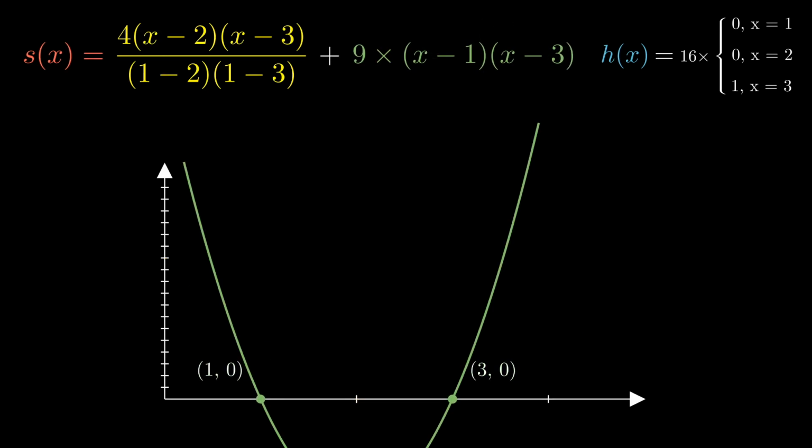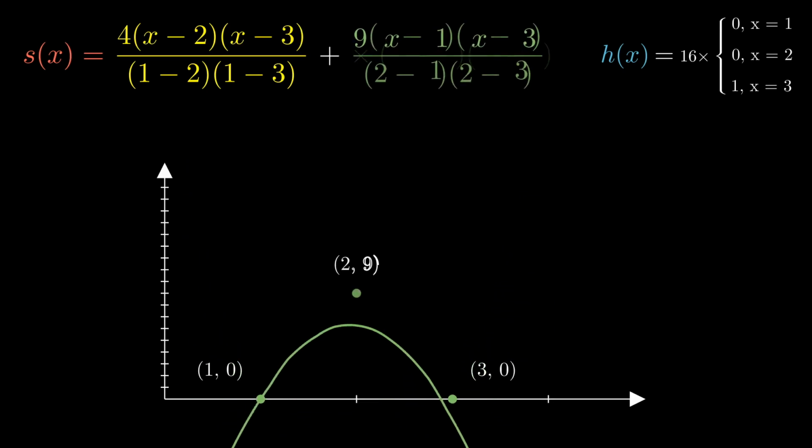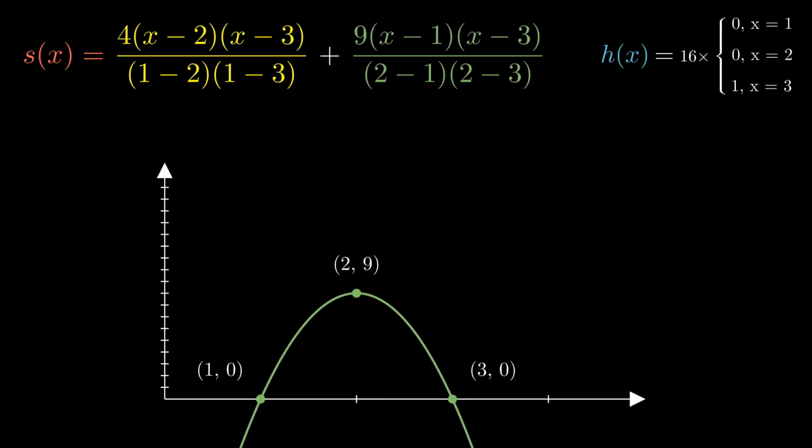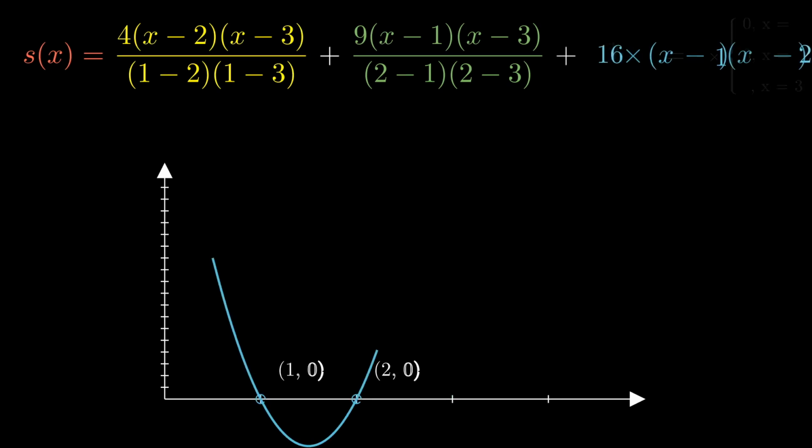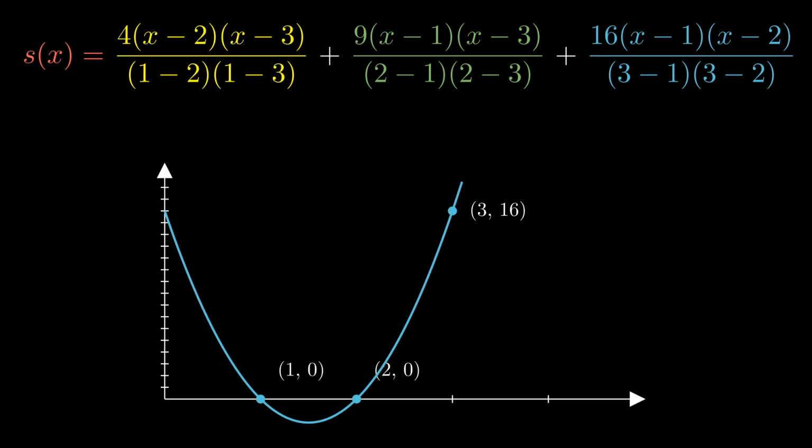For this equation, the value at x equal to 2 is minus 9. But as we want the value to be 9 at x equal to 2, we need to divide g(x) by minus 1. Lastly, we can write h(x) such that it is 0 at x equal to 1 and 2. For this equation, the value at x equal to 3 is 32. But as we want the value to be 16 at x equal to 3, we need to divide h(x) by 2.